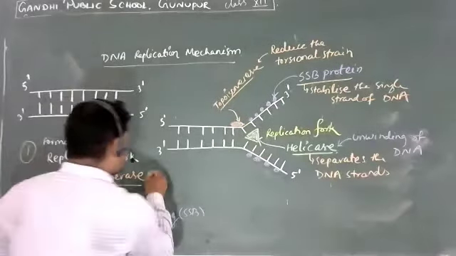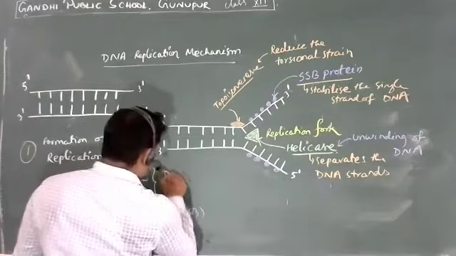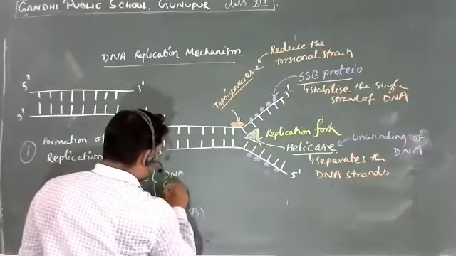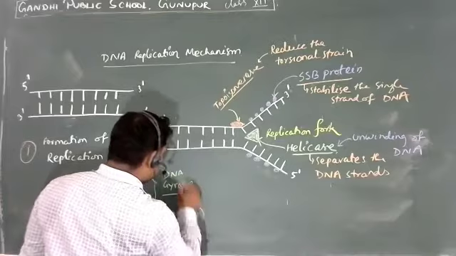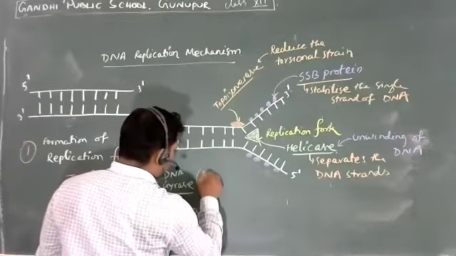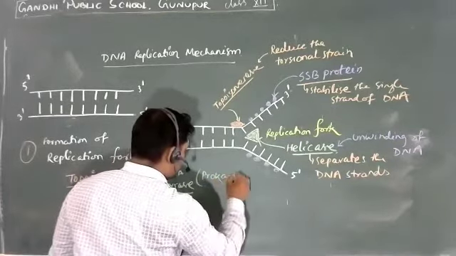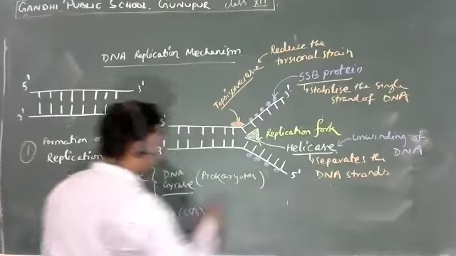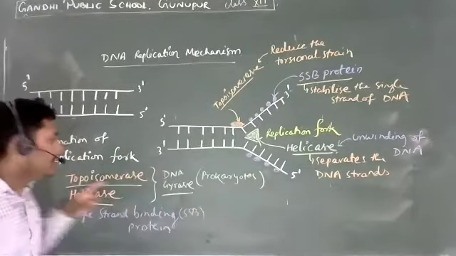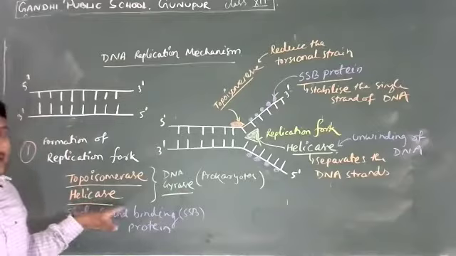Another thing you can keep in mind is that in bacteria the work of these two enzymes is done by an enzyme called DNA gyrase, which is seen in prokaryotes. Basically it performs the role of both topoisomerase and helicase.